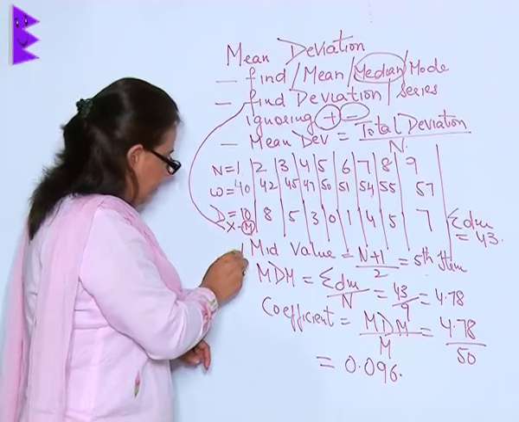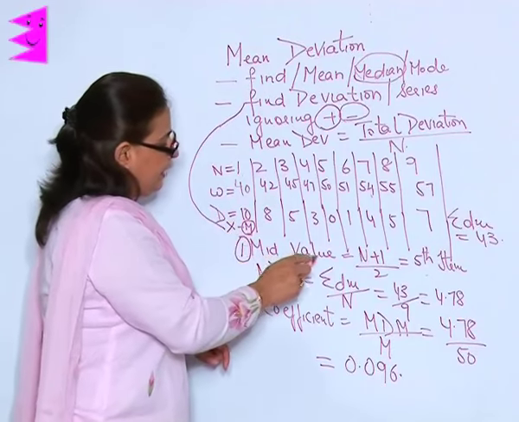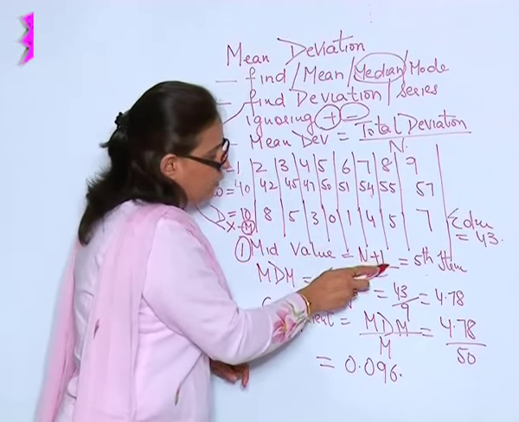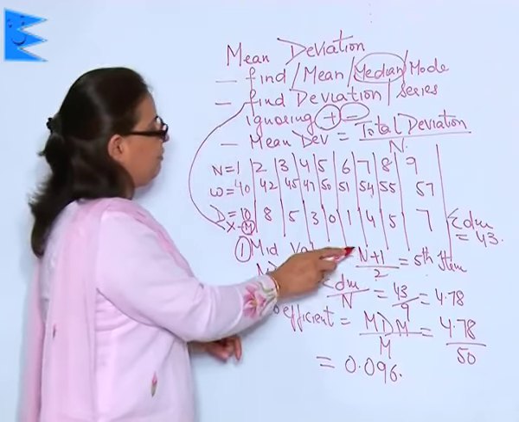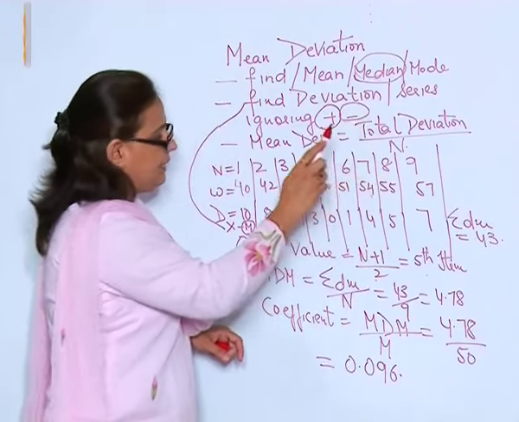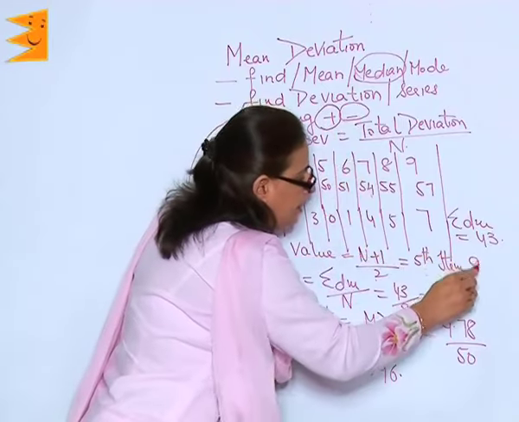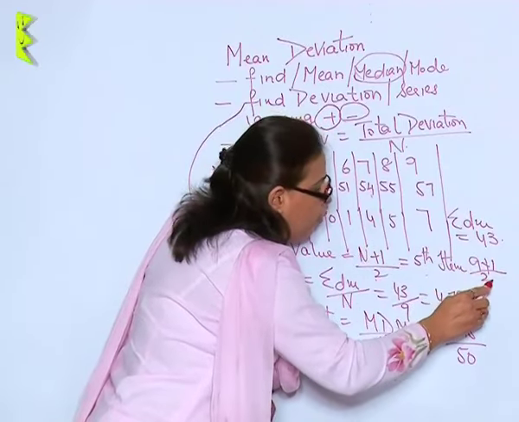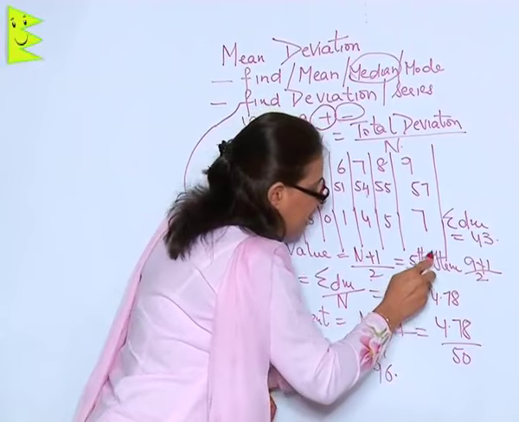To find out the middle value, I take (number of observations plus 1) upon 2, which gives me (9 plus 1) upon 2, which means the fifth item.